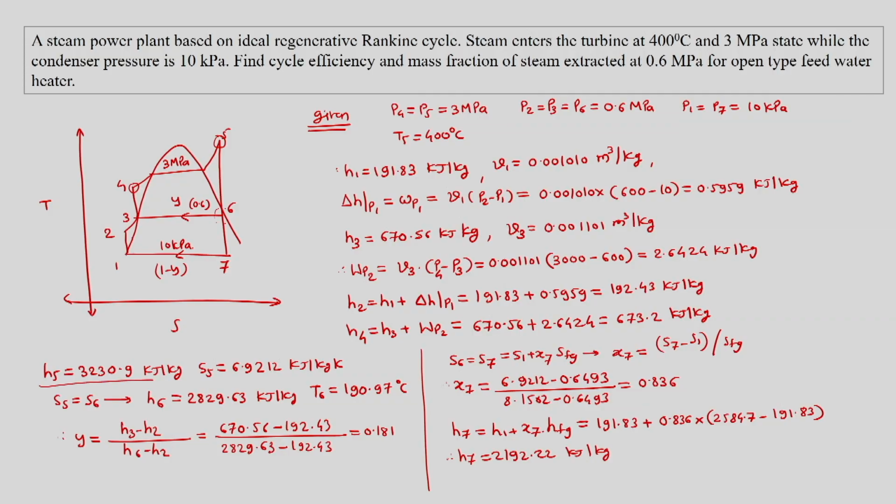So H5 we had already found, which is 3230.9, and H4 also was already found as 673.2. Knowing this, we can get Q in, which is equal to 2557.7 kilojoule per kg, and Q out is basically, as we did last time, 1 minus y into H7 minus H1.